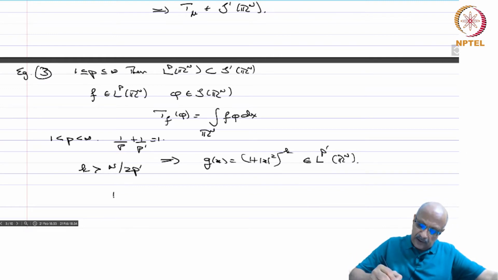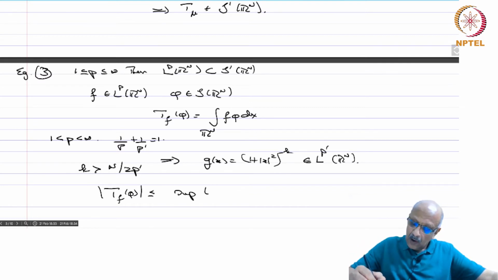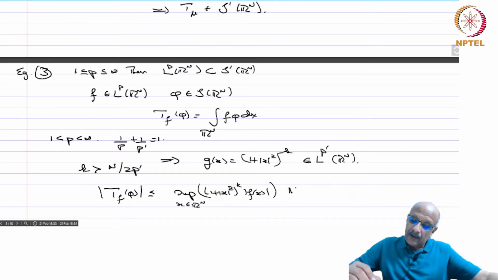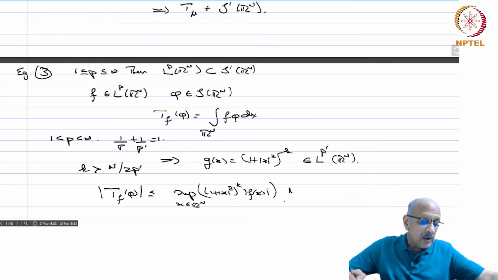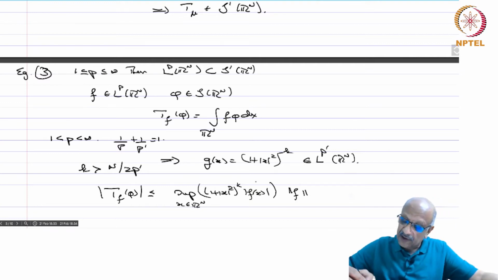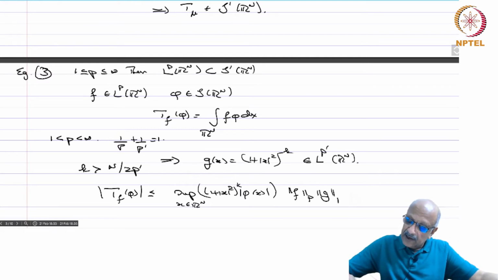So by Hölder's inequality, mod Tf of phi is less than or equal to the sup over x in Rn of (1 plus mod x squared) to the k mod phi(x), times norm f in Lp and norm g in Lp prime, where I multiplied and divided by (1 plus mod x squared) to the k.